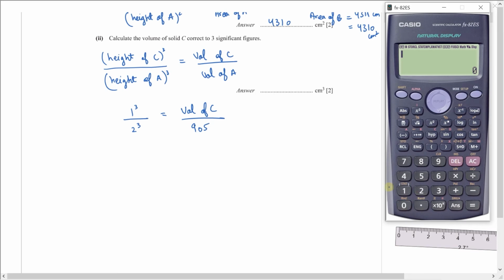So this will be 1 over 8 multiplied by 905, which will be the volume of solid C. So this will be 905 divided by 8. So volume of C is 113.125. Again, the question asks you to give the answer in 3 significant figures. So 1, 2, 3. The next value is less than 5. So this will be simply 113 centimeters cubed in 3 significant figures.